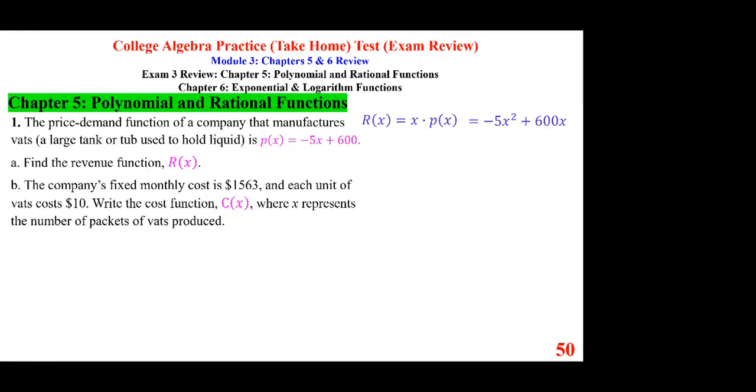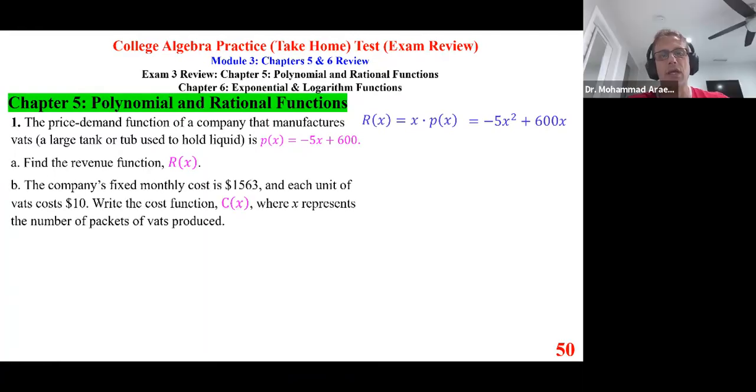The company's fixed monthly cost is given as 1,563, and each unit will cost 10 bucks. We want to write the cost function using, in essence, mx plus b. So the cost function is 10x plus 1563.